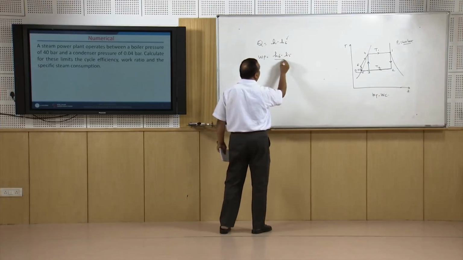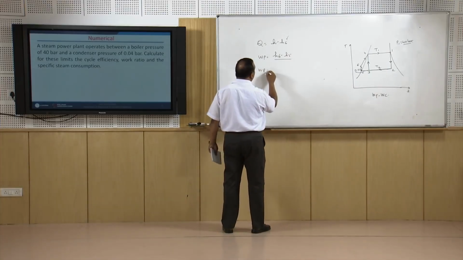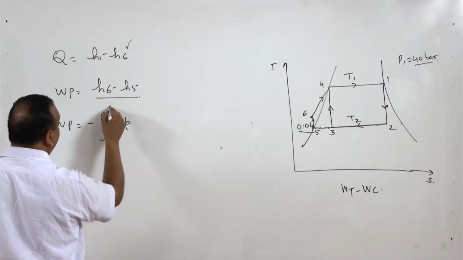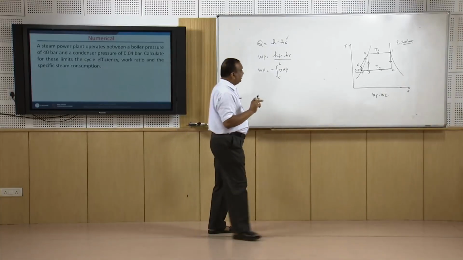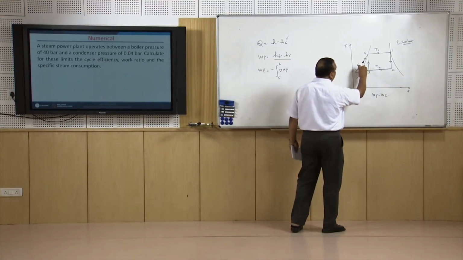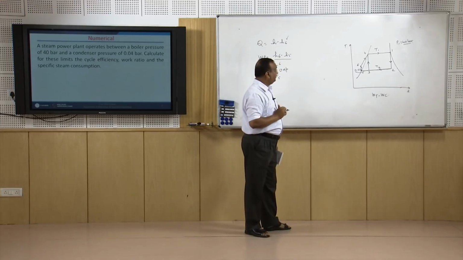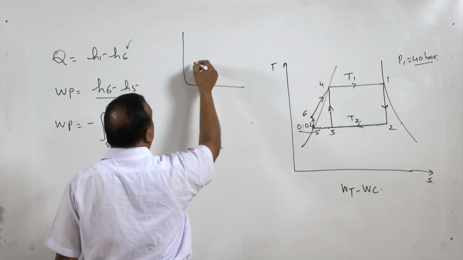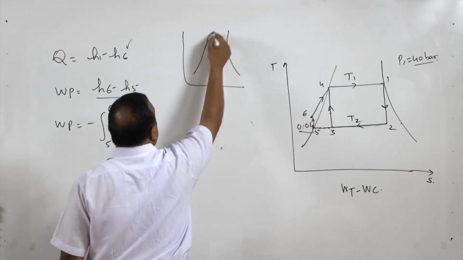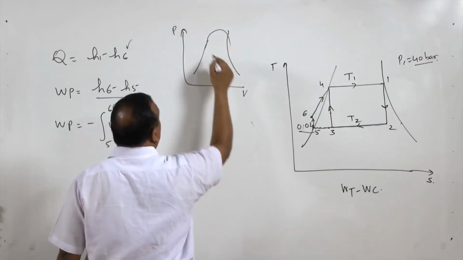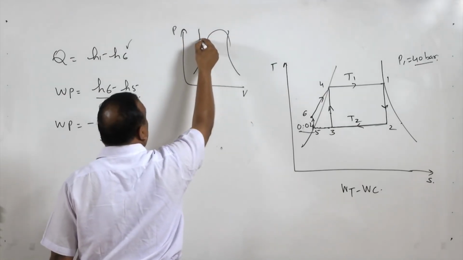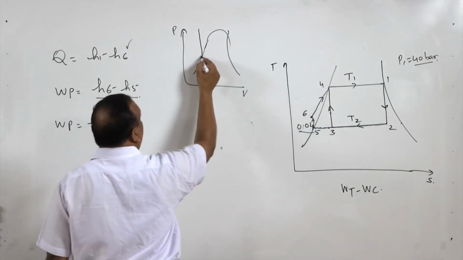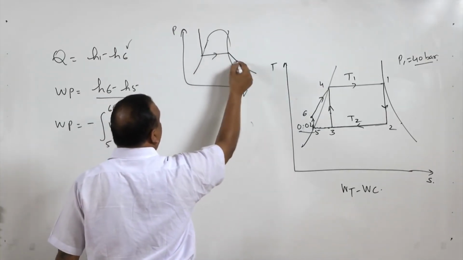Work in pump is H6 minus H5, and work in pump is also minus V dP from state 5 to state 6. In liquids, if you pressurize liquids, the change in specific volume is insignificant. That is why on a PV diagram, if you look at the PV diagram of liquids at a constant temperature, this line is almost a vertical line, and then it goes like this, and then again it goes like this.